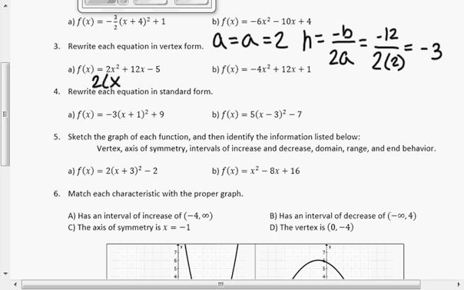Instead of making it a negative 3, we'll make it a positive 3 inside the parentheses, squared. And then to get our k value, we're going to take negative 3 and sub it in for x. So we get 2(-3)^2 + 12(-3) - 5, which gives us negative 23 for k.